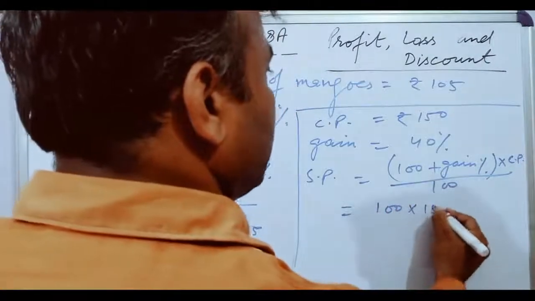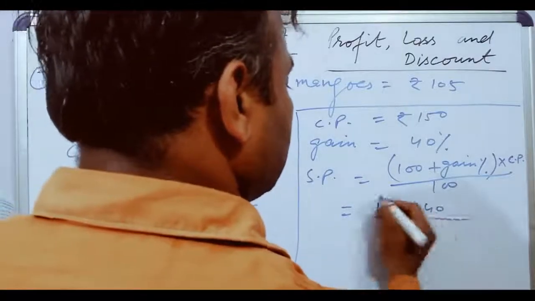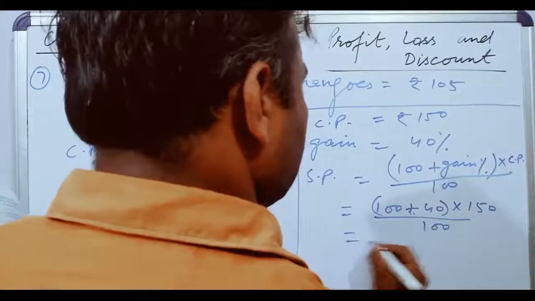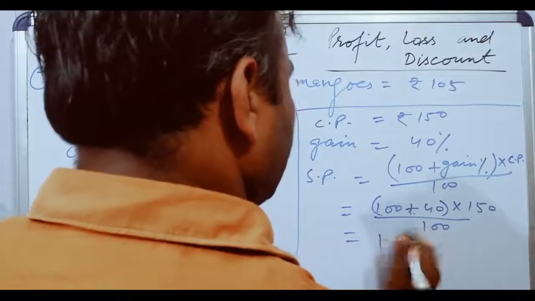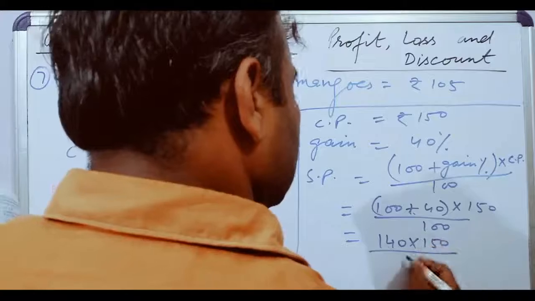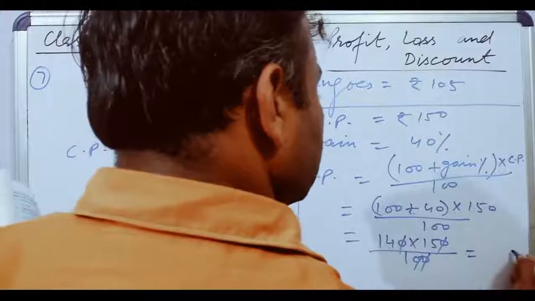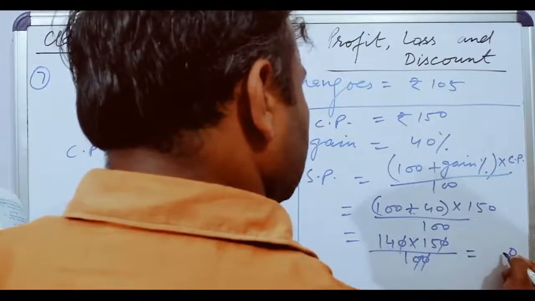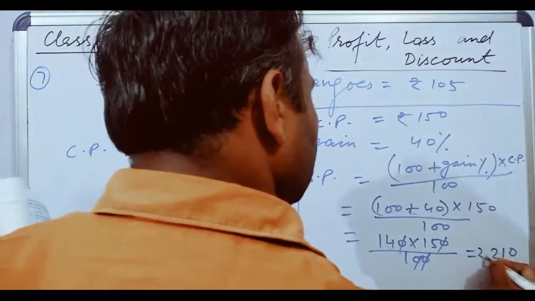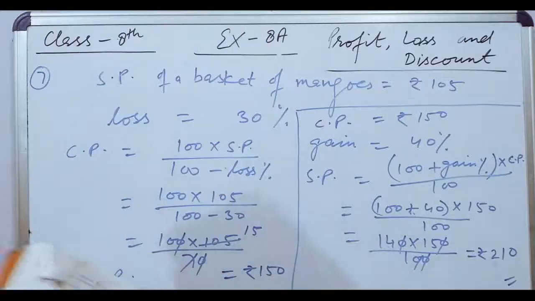That is (100 plus 40) into 150 upon 100, 140 into 150 upon 100. Zeros cancel, and we get 210. Now this is the SP. Okay, now the question is completed.